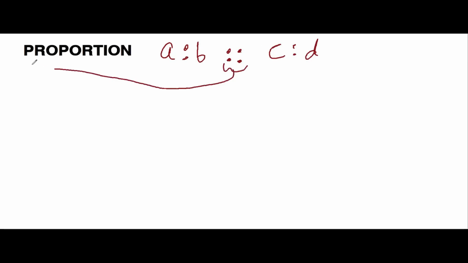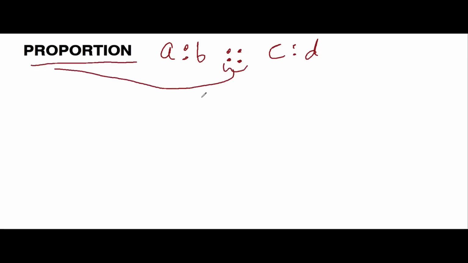So proportional means what? If you have two ratios, A is to B and a second ratio, say C is to D, you put an equal sign in between. So this is known as proportional.